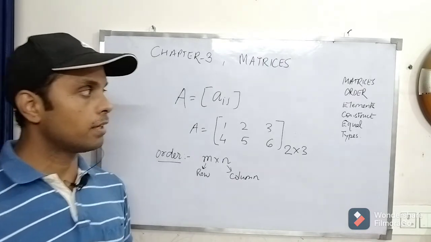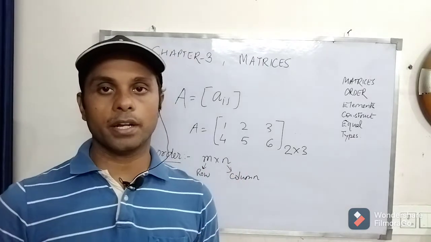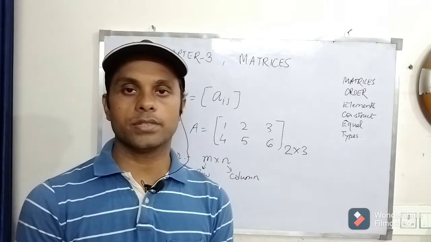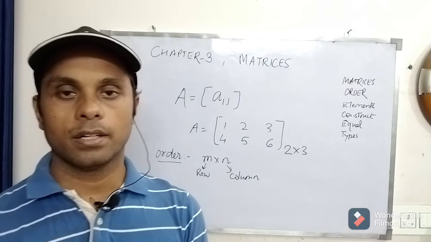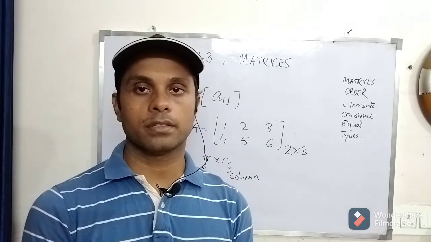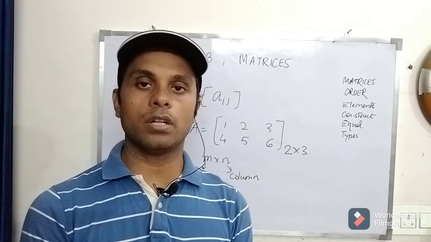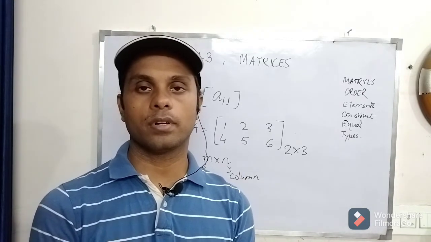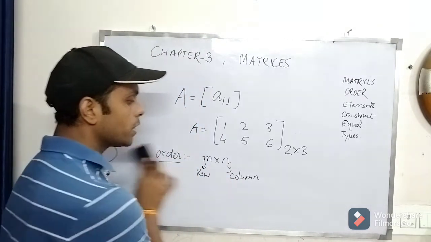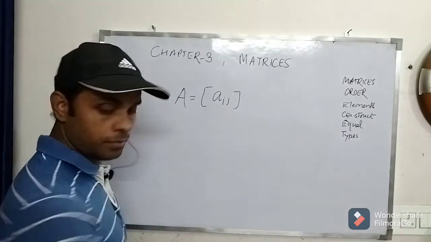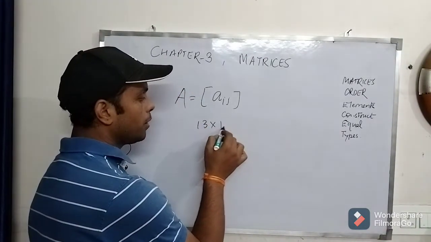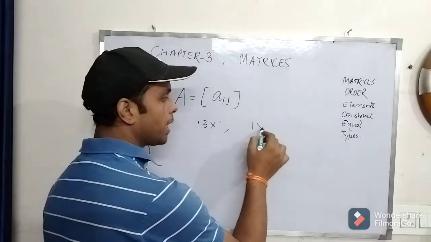Now after order of a matrix, we discuss elements. Okay, and then one more thing regarding order. Suppose total number of elements is given to us, like if there are 13 elements in a matrix, then what are all possible orders of a matrix? So since there are 13 elements, using 13 elements we can form a matrix of order 13 by 1 or 1 by 13.